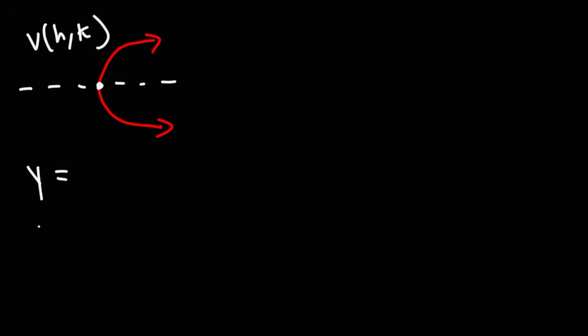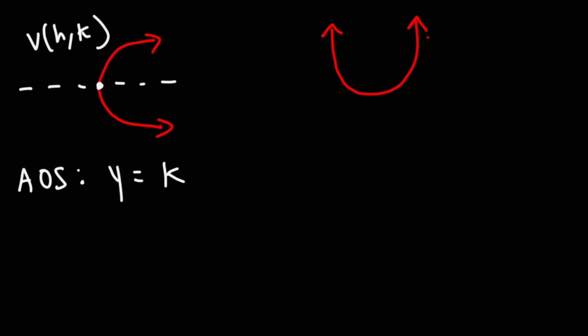So the AOS, axis of symmetry, is y is equal to k. Now for a parabola that opens up or down, the axis of symmetry is going to be vertical. It still passes through the vertex, and so it's going to be the x coordinate of that vertex. So it's x is equal to h.